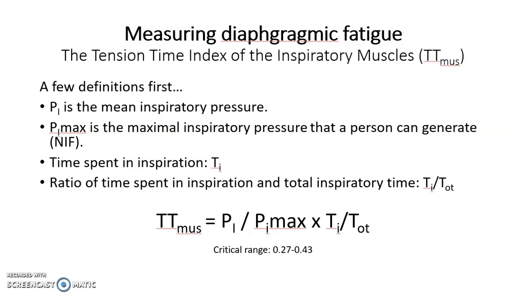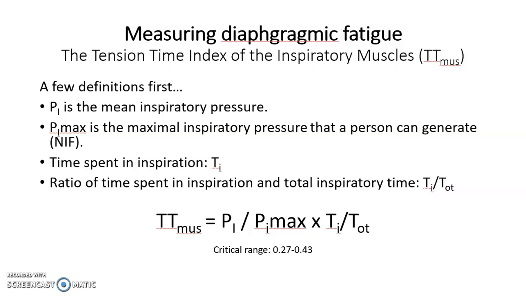First, we have PI, and as you see there on the slide, that's the mean inspiratory pressure. To get this, you can just put the patient on expiratory hold and see what pressure he inhales at. There's also a way to do this by getting the P0.1, but that's complicated. Let's just stick with the basics, the easy stuff.